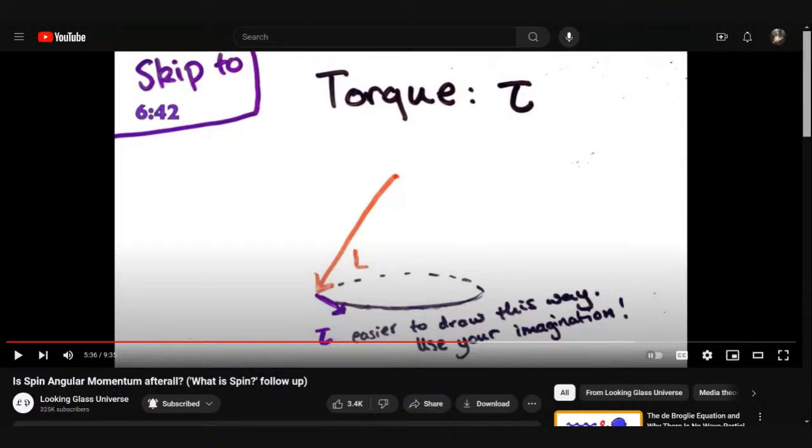But let's say the angular momentum. And then the thumb is the direction of the magnetic field, which is upwards. So that's why it comes out of the page. It's not that the torque comes out of the page.